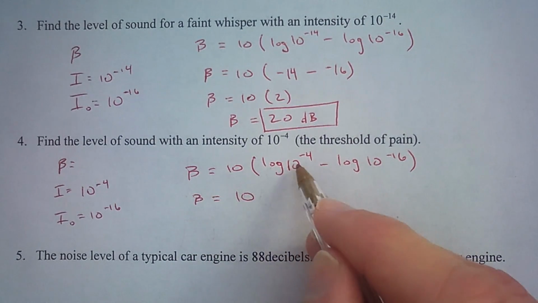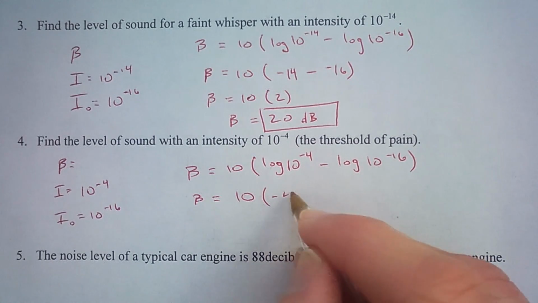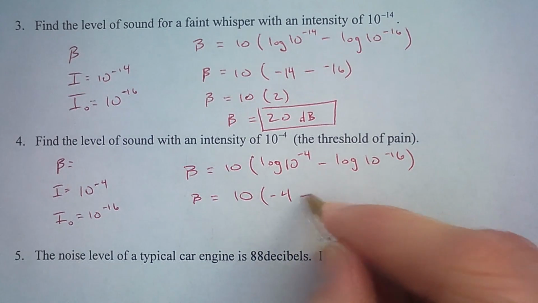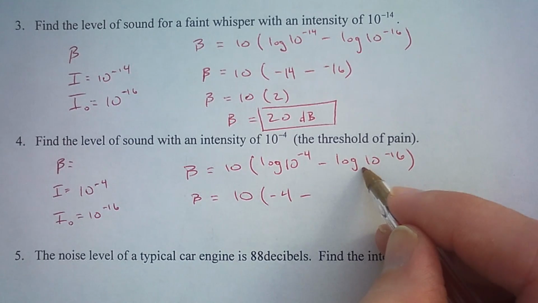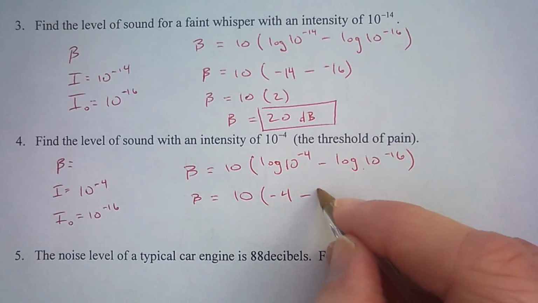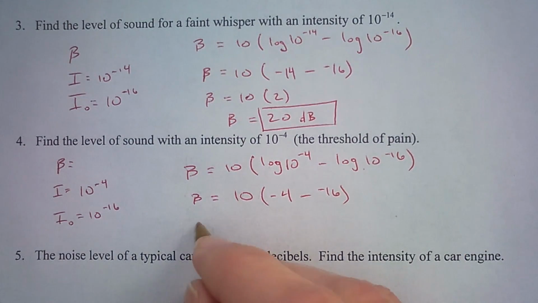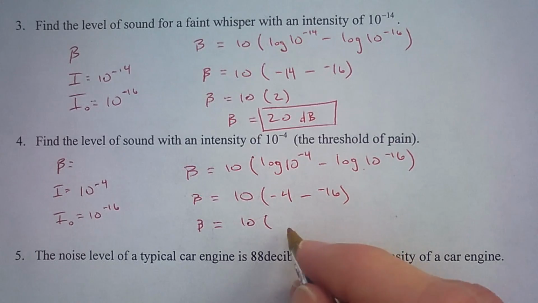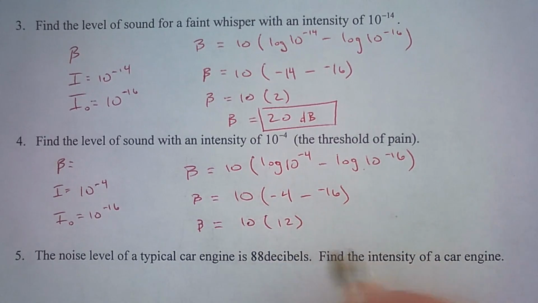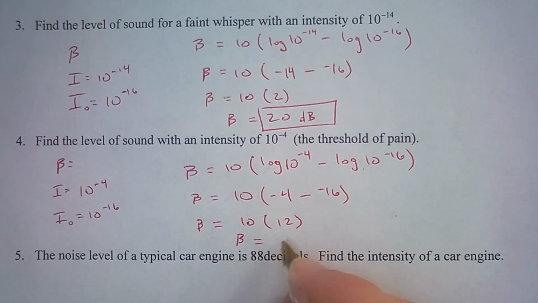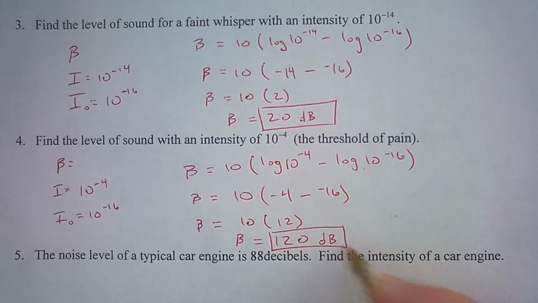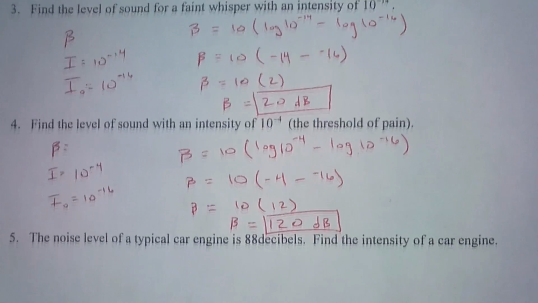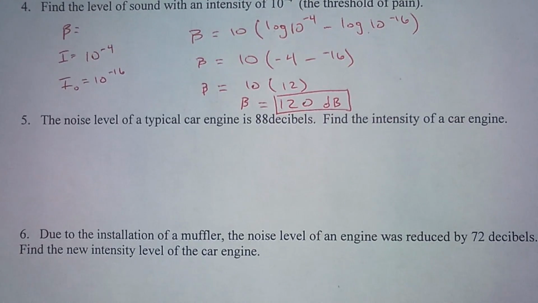Log base 10 of 10 to the negative 4 has a value of negative 4, minus log base 10 of 10 to the negative 16, which is negative 16. So we have 10 times negative 4 minus negative, or plus, 16, and that is 12. 10 times 12 is 120, so at 120 decibels, it's going to start to hurt your ears.